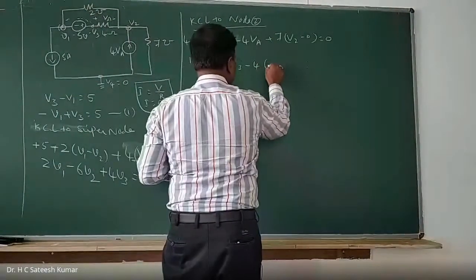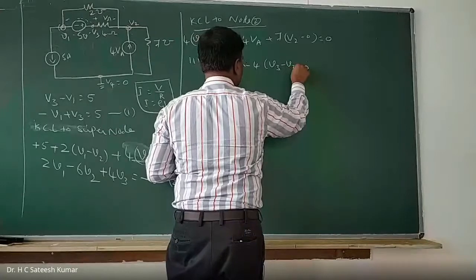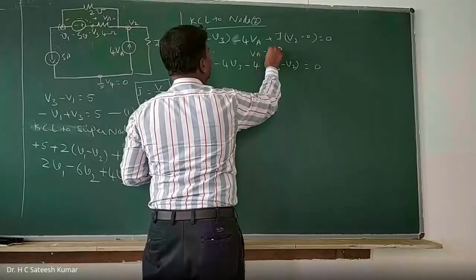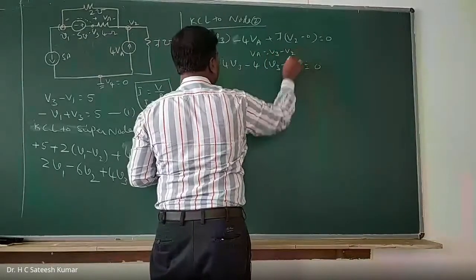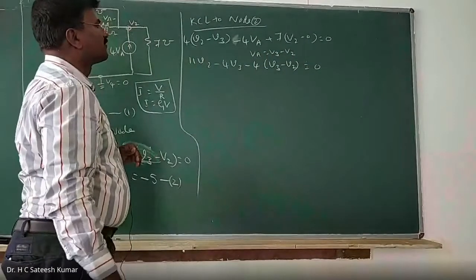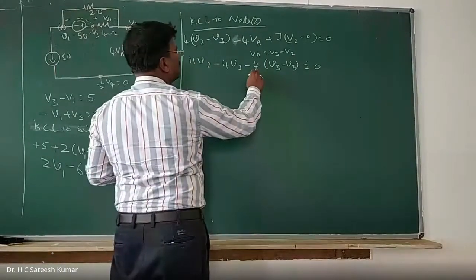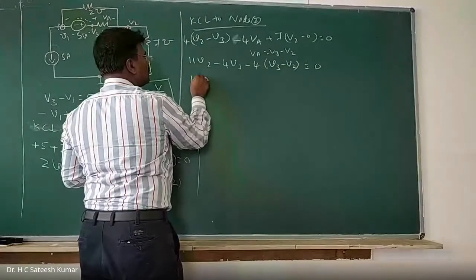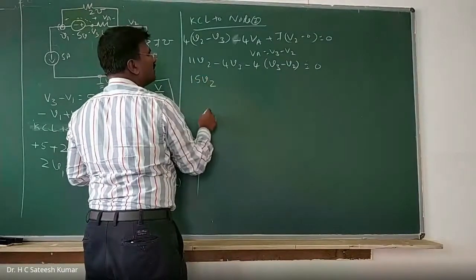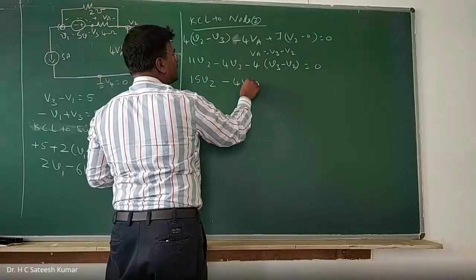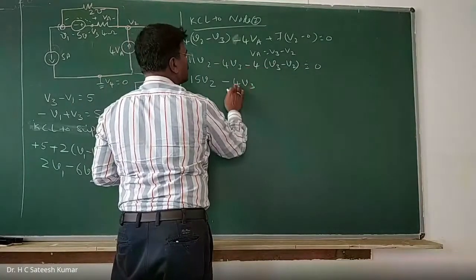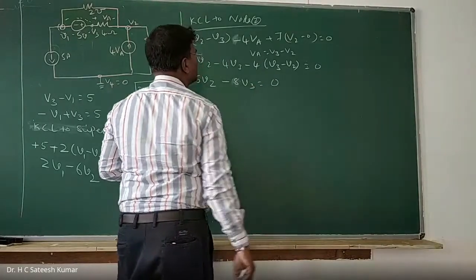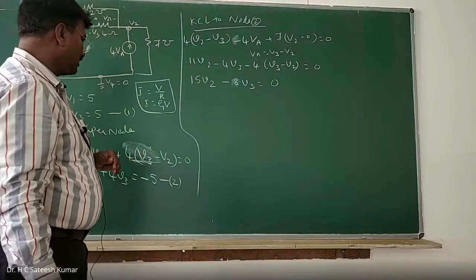Now you can write it: 4V2 plus 11V2, 15V2, minus 4V3 minus 4V3, minus 8V3 is equal to 0. We get it. Call this equation number 3.